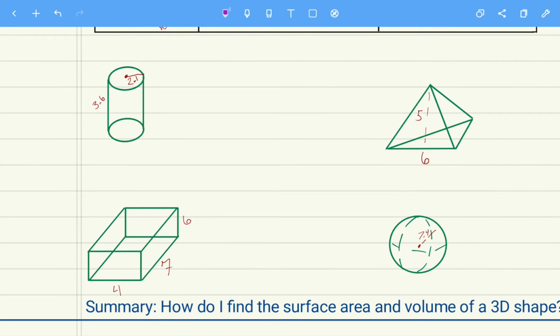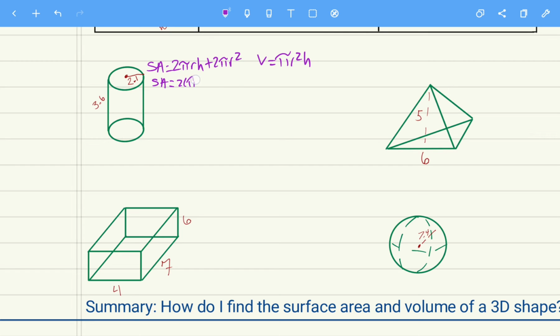So here we have a cylinder. We want to find the surface area and volume of the cylinder. These are our formulas for surface area and volume. Let's do surface area first.